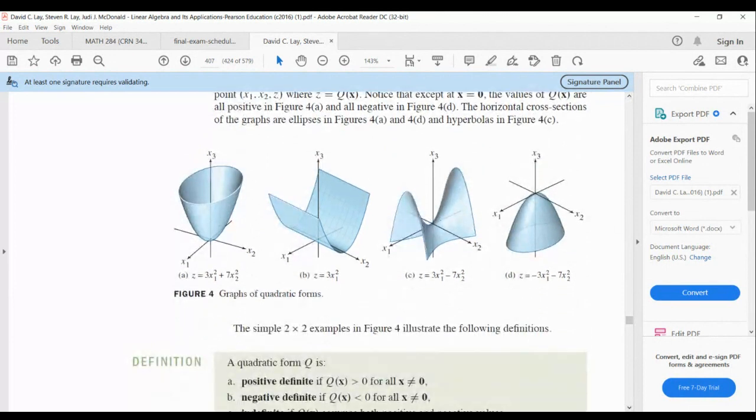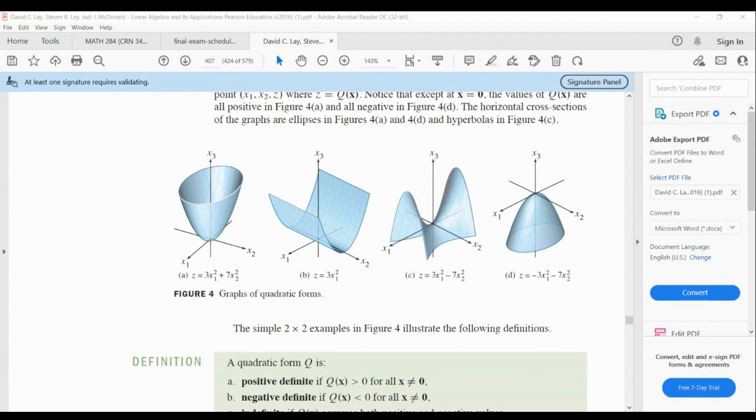And they have a picture where z equals the quadratic form. Notice that in part A, the paraboloid, which is graphically what the quadratic form is, goes up, and both coefficients of x1 squared and x2 squared are positive.